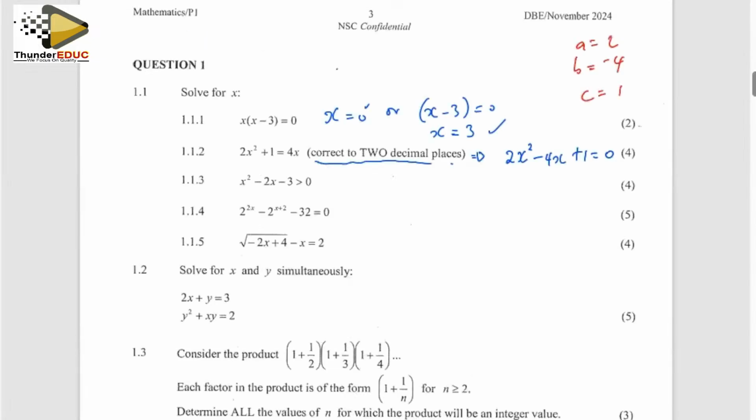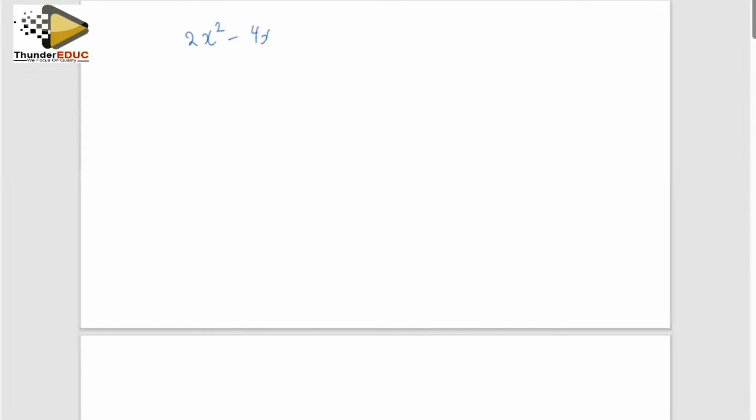Let me just put it aside: 2x squared minus 4x plus 1. So x is -b plus or minus the square root of b squared minus 4ac, over 2a.